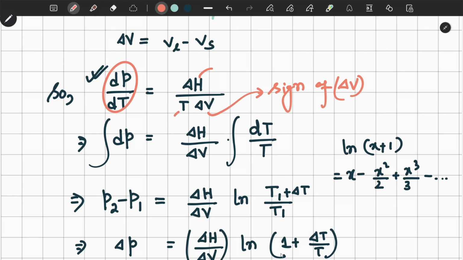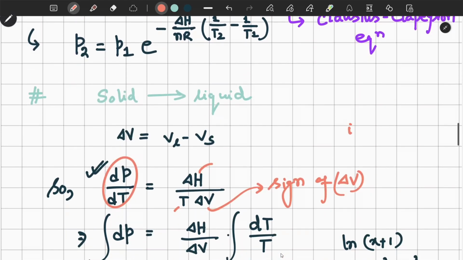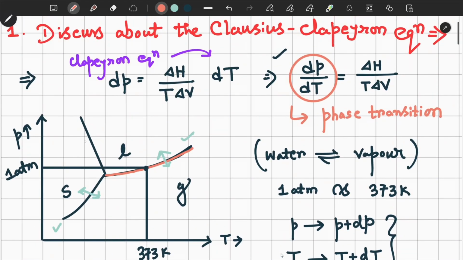If delta V is positive, then dP/dT will be positive. If delta V is negative, dP/dT will be negative. For water, in the ice to water transition, what happens? This delta V is negative. That's why this slope is negative. Okay. So this is important.